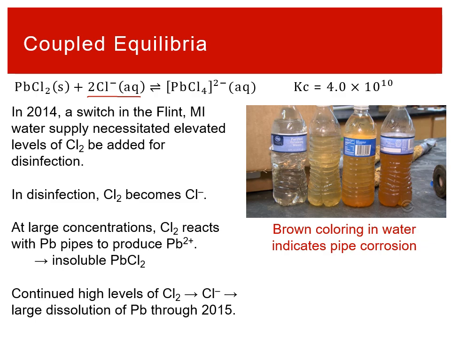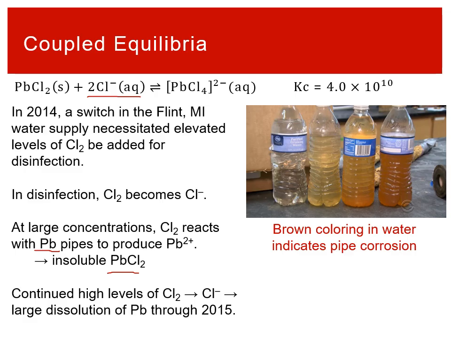Additionally, because you had really high concentrations of chloride, some of it started to react with the pipes, and it produced lead 2+ cations. Now, you have lead 2+ cations and chloride in the solution, so you made insoluble PbCl2. Not the biggest of deal.